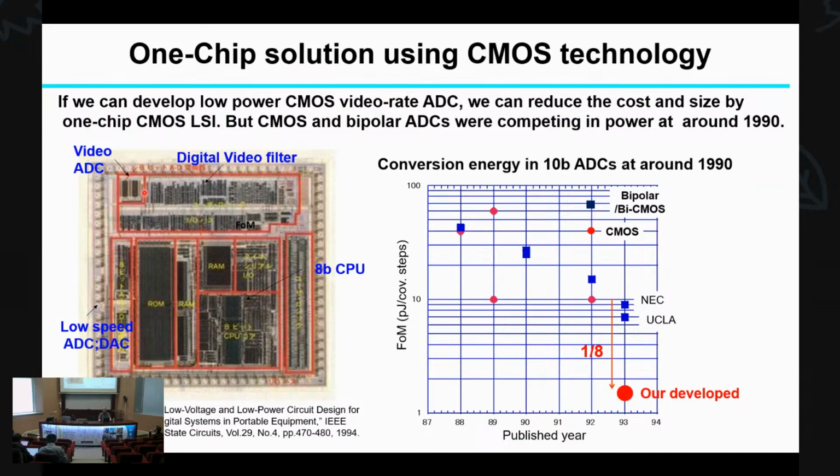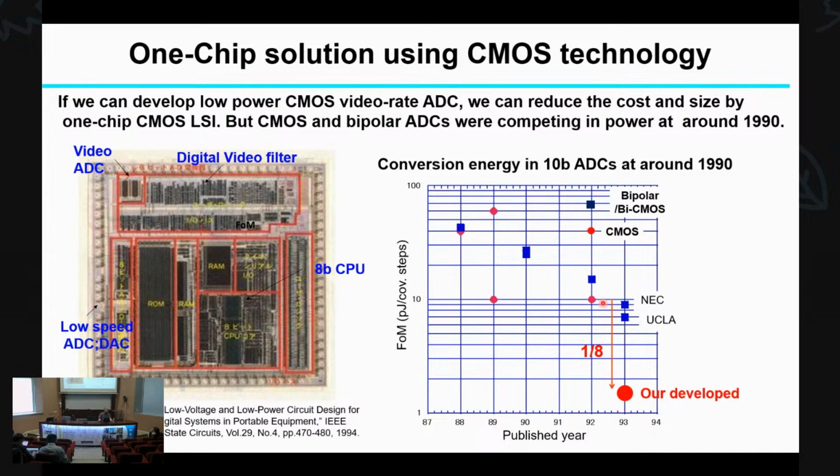CMOS ADC was strongly required, but around 1990, the power consumption of CMOS ADC is this red circle, and bipolar and BiCMOS ADC, this blue box.